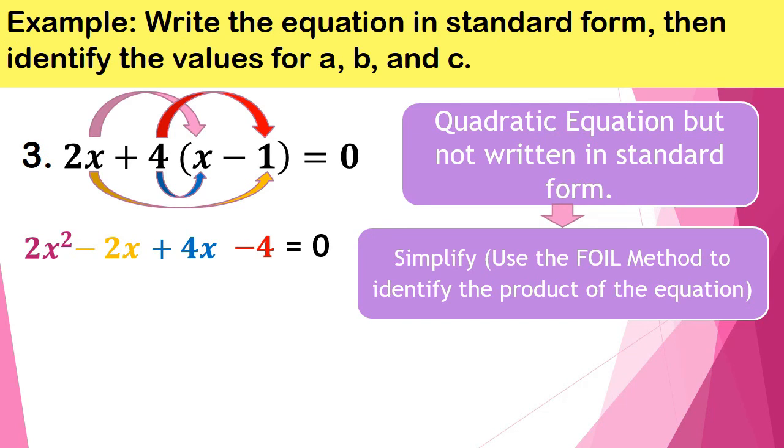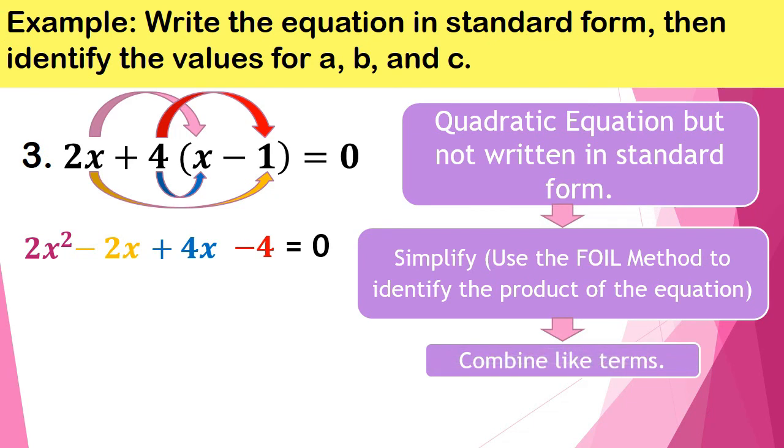After we expand the given equation, what we are going to do is combine like terms. Pag sinabi natin combine like terms, pagsamahin natin ang variable na magkaparehas ang exponent. In this case, the only terms that are the same are negative 2x and 4x.